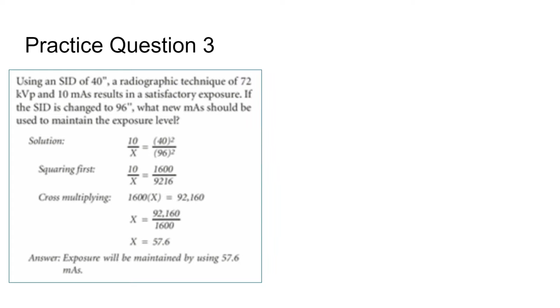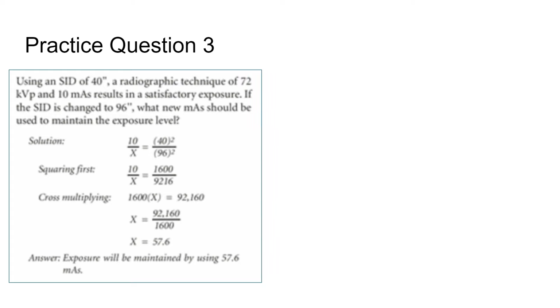Okay, so now I cross multiply. We get 1600x, right? And 9216, right, times 10. Now we want to isolate x, so we divide by 1600, and we get x equals whatever that is. 57.6 mAs.